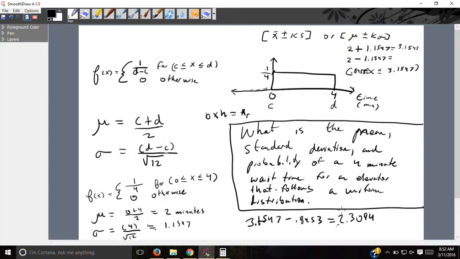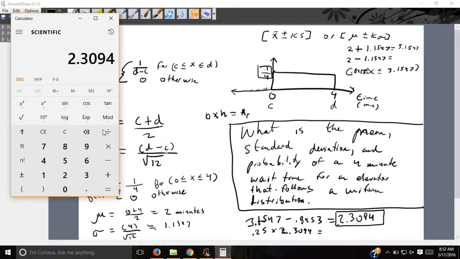So I have my base. Now I need to use my height, which is 1/4. So if I multiply 0.25 by 2.3094, I will find the probability of landing within those intervals.